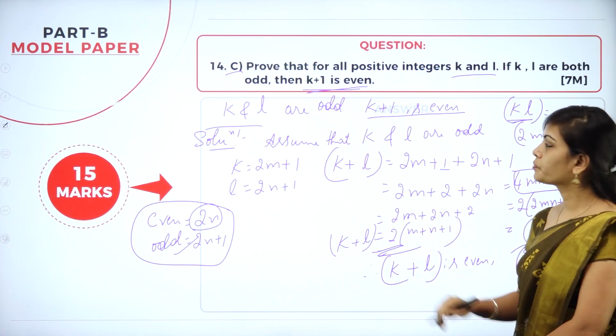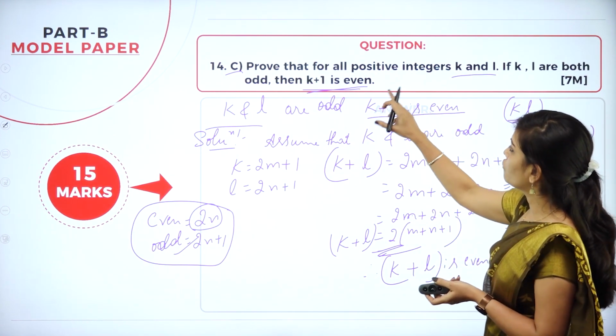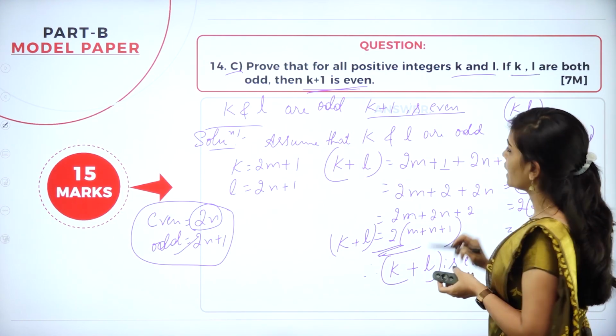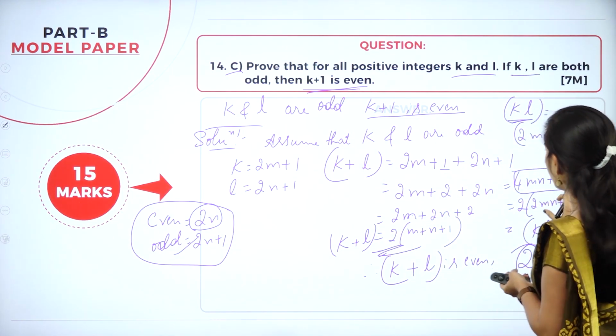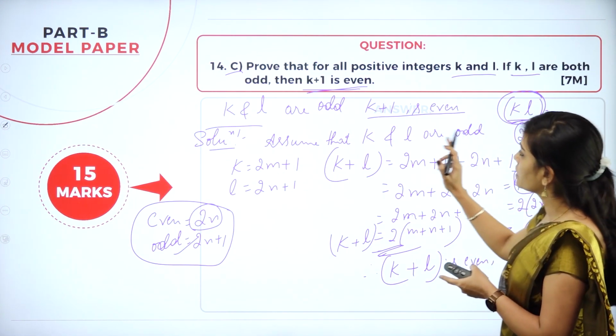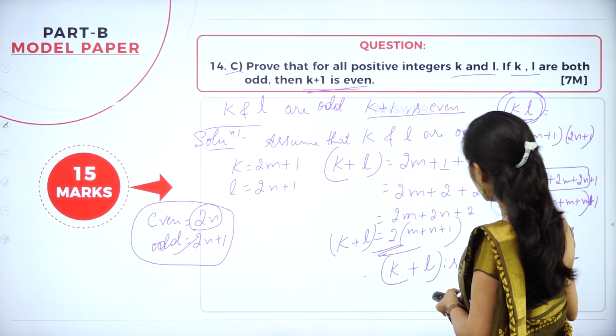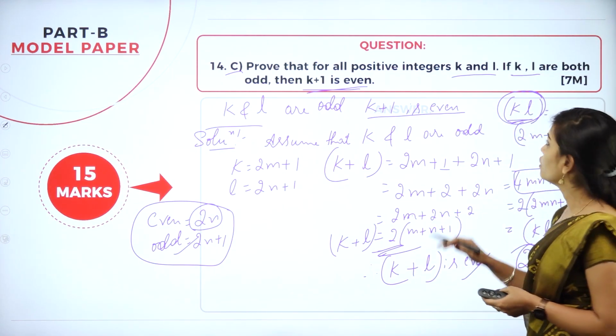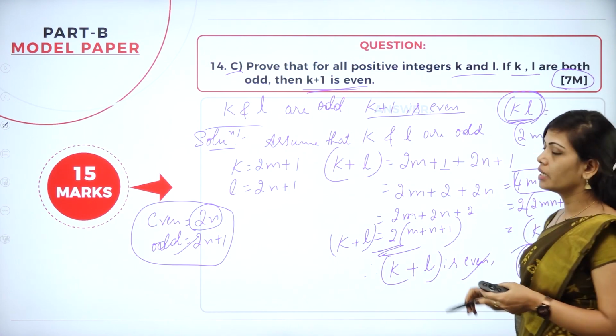Clear? So I have proved that for all positive integers k and l, if k and l are both odd integers, then k plus l is even. Clear? This type of question you can expect for 7 marks.